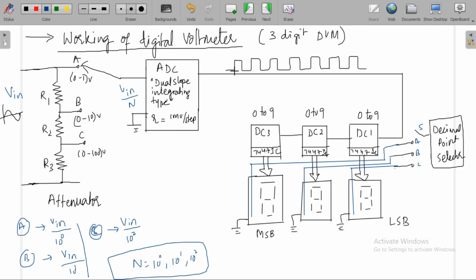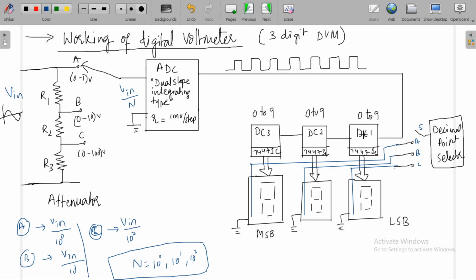The number of pulses produced by this ADC will be given to this DC1. This DC1 will count from 0 to 9, so there will be 10 counts, and it displays from 0 to 9.